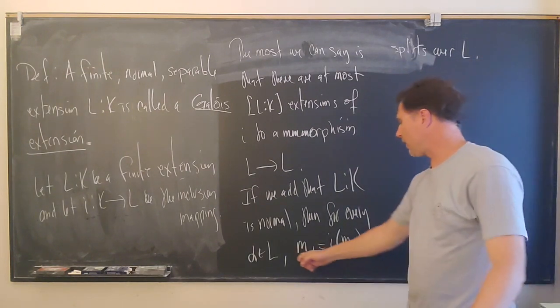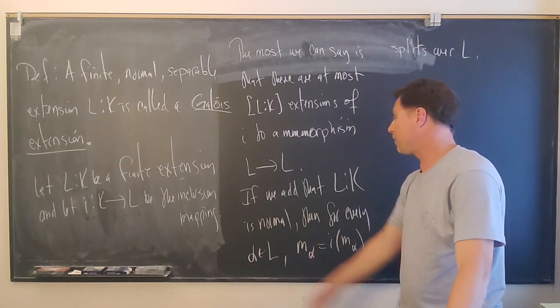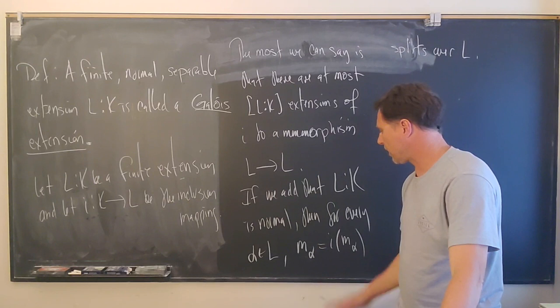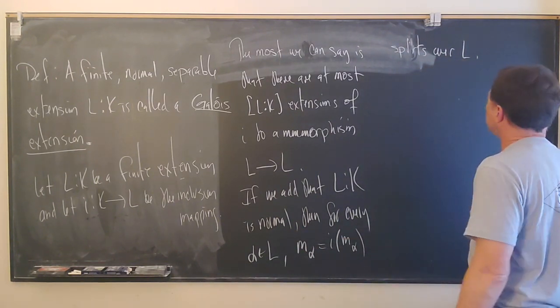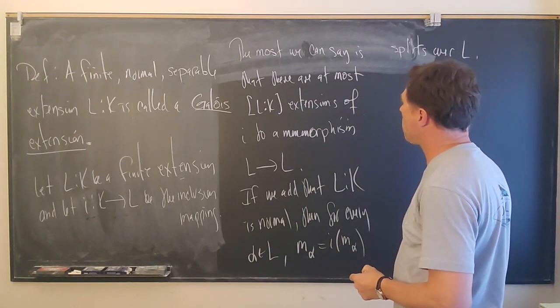Well, m sub alpha has one root, and by normality all of the roots have to lie in L. So m splits completely over L.